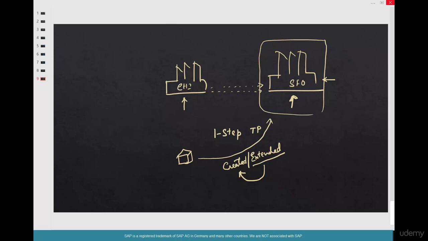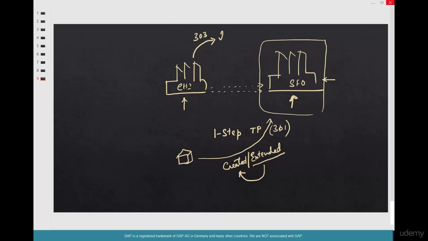And what have we done here? We have done a one-step transfer posting using a particular movement type, say 301. Doesn't matter what it is, but I'm just listing it out there. And we have also done a two-step transfer posting using movement type 303, which removes stock from the storage location of the source plant into in transit.